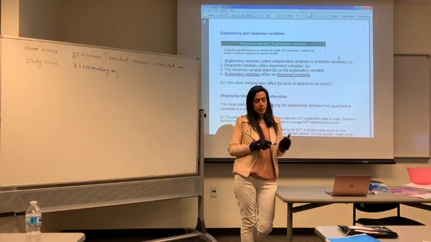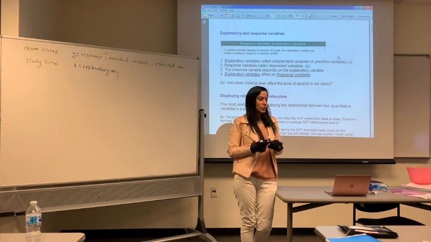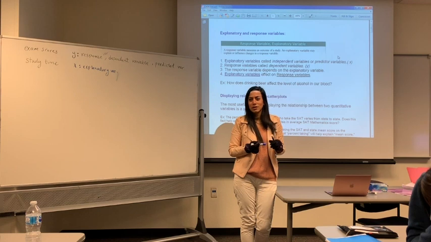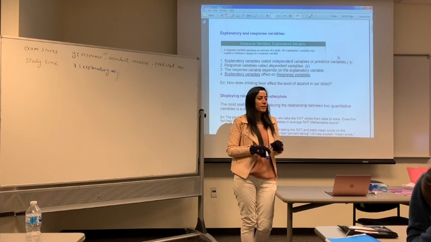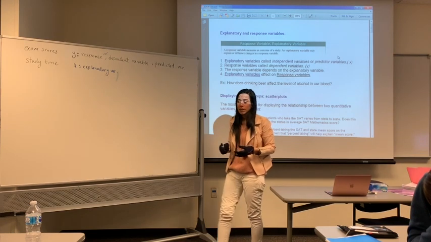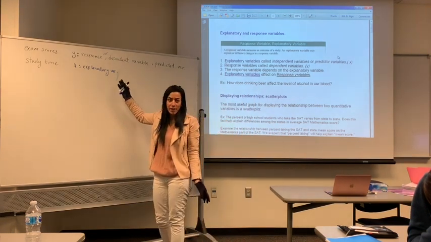So this is the explanatory variable and also the independent variable. It's not dependent on the response variable. There are many other variables that can actually have an effect on the exam score, and this is one of those many variables.